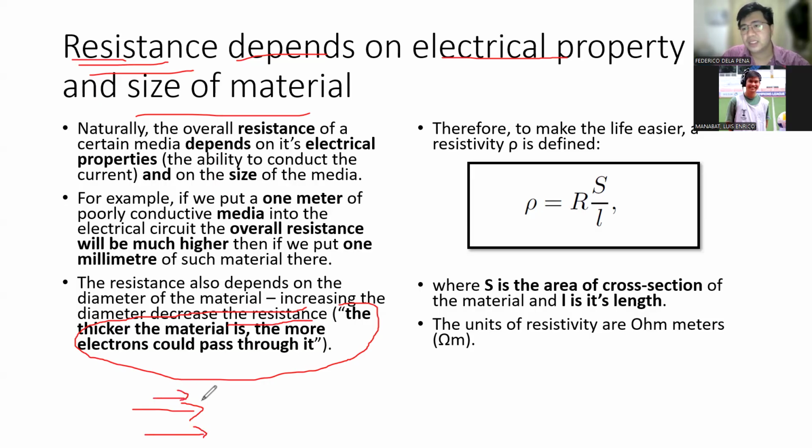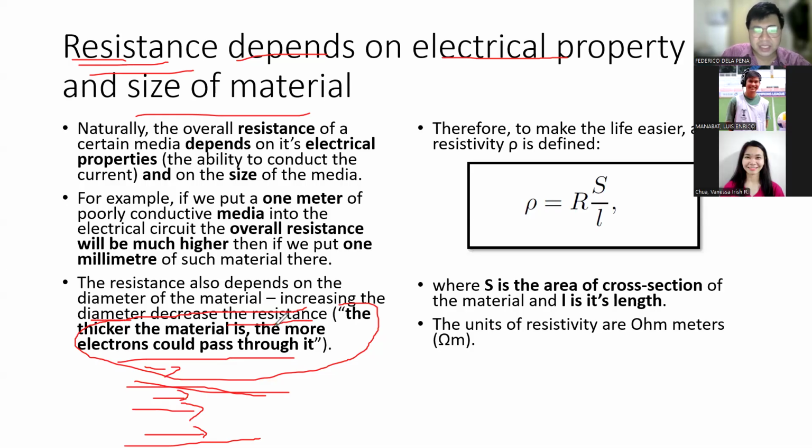A good analogy is a highway. The more lanes you have, the more vehicles can pass, the less traffic jam. Similarly, for resistance, the bigger the cross section or the wider the path, the less resistance you have.